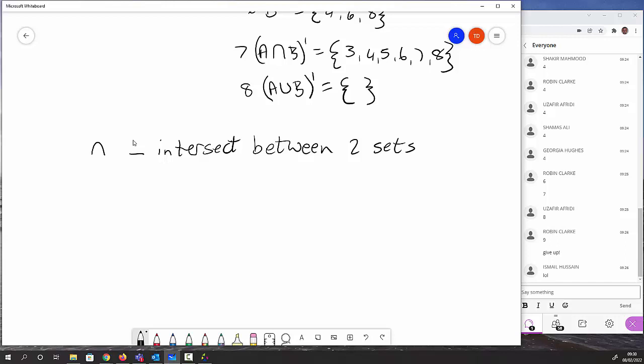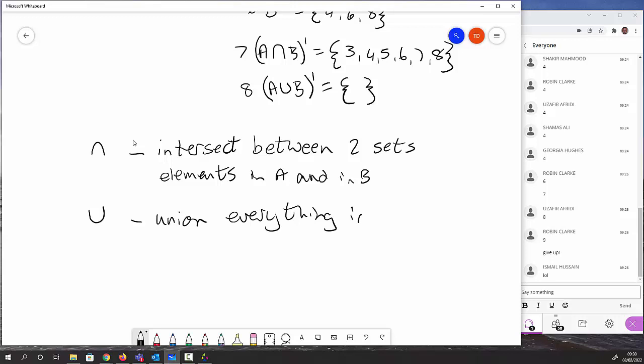So that's elements in A and in B. So intersect is the stuff that's in both sets. Okay, and then we've got the union, which is everything in A or in B.